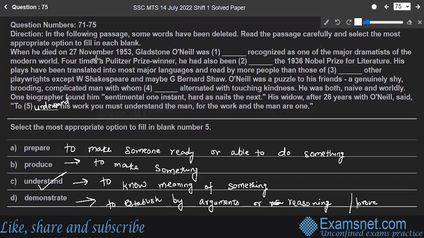When he died on 27 November 1953, Gladstone O'Neill was universally recognized as one of the major dramatists of the modern world. Four times a Pulitzer Prize winner, he had also been awarded the 1936 Nobel Prize for Literature.